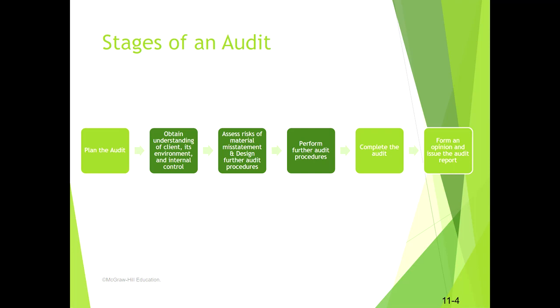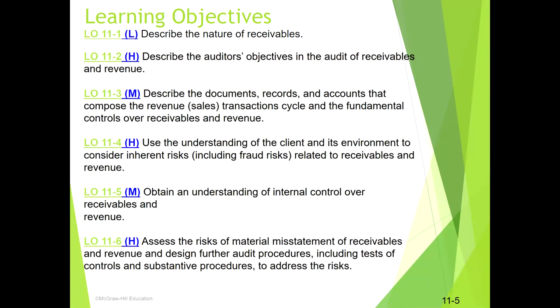So we're going to be obtaining an understanding of the client, its environment, internal control, assessing the risk of material misstatement, designing our procedures, and performing them. So that's where we're at. We're just going to apply that now to the AR and revenue cycle process. And as I mentioned before, we're going to take these learning objectives and work on getting them integrated into the way in which we are going to audit through the audit risk model.